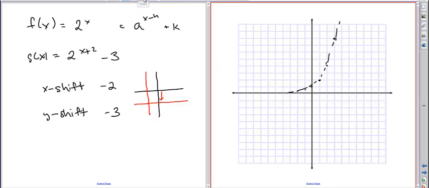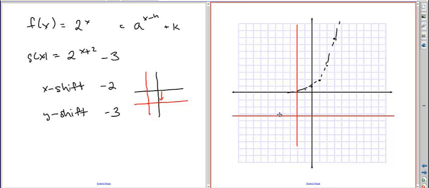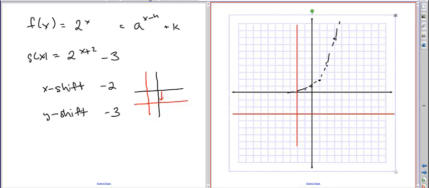So what we'll do is draw these horizontal lines. We'll lower the y by 3, and we'll shift the x by 2 in the appropriate directions. And then relative to that, we can draw the same points.